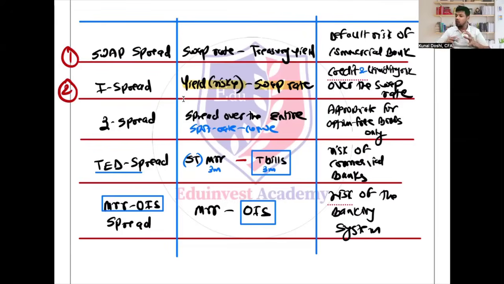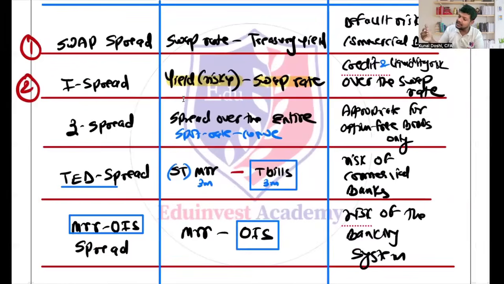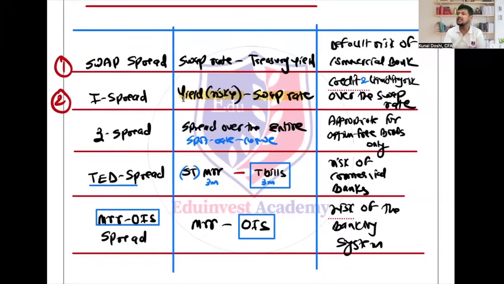Again, what is the biggest advantage of using this spread? It not only measures the credit and liquidity risk, but measures it over the swap rate rather than the treasury. Over the treasury, definitely the yields are higher, but this measures the risk over the swap rate. Got it? So the I-spread is the yield of my bond over and above the swap rate, but the swap spread is how much additional the swap rate is over the treasury.